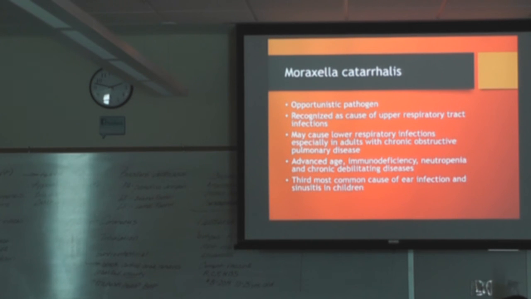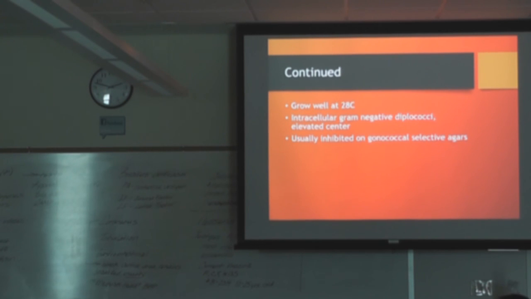We have a Moraxella sample in the lab, and we definitely have the laboratory diagnostics to confirm that it's Moraxella, so maybe you'll do that next week. Unlike Neisseria, this one can grow well at 28 degrees Celsius.